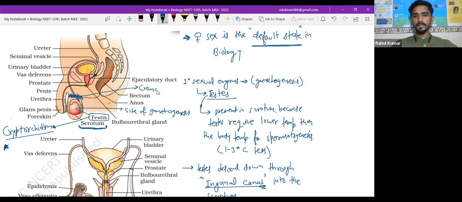Write down, this is the last thing for today. Cremaster muscles connect the scrotum with the body. Is it clear, everyone? Any doubts?